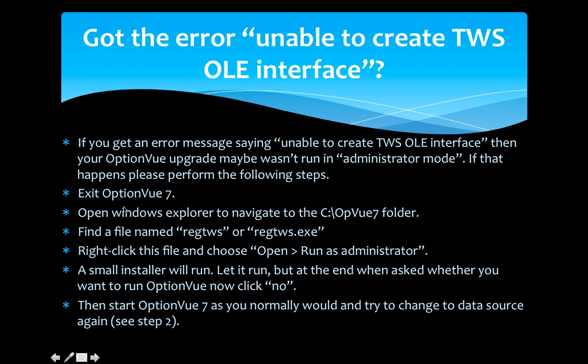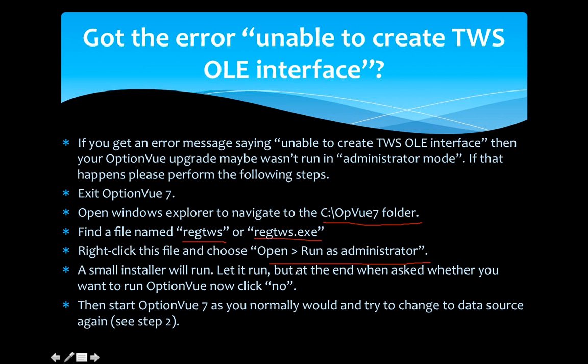You basically need to exit OptionVue, and then go to your folder in your computer main drive, which is C drive, OptionVue folder, and you will find a file named, depending on what kind of operating system you have, either rec TWS or rec TWS exe. And you just need to run this as administrator.